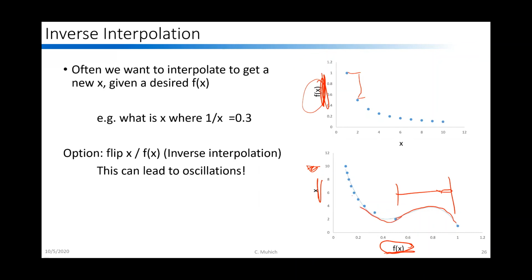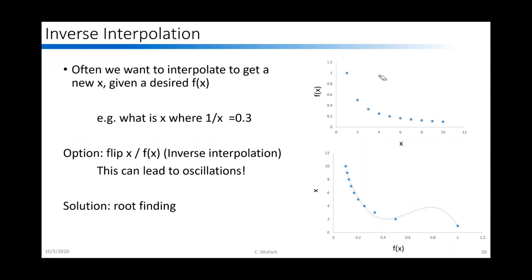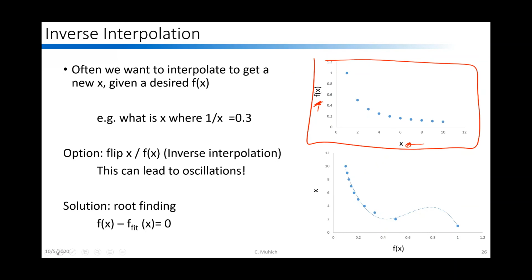So the solution to this is a root finding method. We can fit the function up here with the correct independent variable, which is nice and evenly spaced, against the f of x value. Then we can use one of our root finding methods to find the value we're looking for.